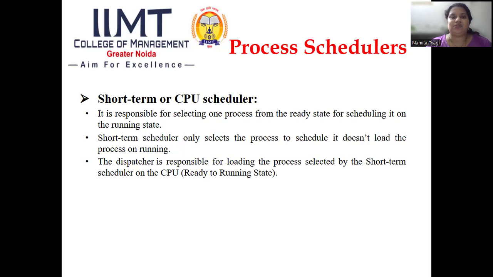The short-term scheduler, also known as the CPU scheduler, only selects the process to schedule it; it does not load the process on the CPU. The dispatcher is responsible for loading the process selected by the short-term scheduler onto the CPU, from the ready to the running state.